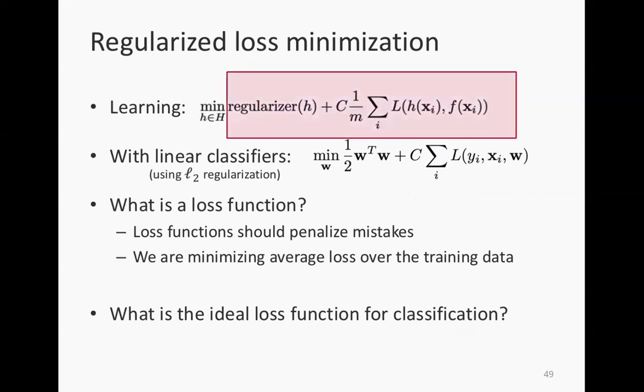For a linear classifier, a common kind of regularizer is the norm of the weight vector. Sometimes it's also called the L2 regularizer. So the optimization problem is to minimize the sum of this L2 regularizer plus the loss over the data set, and there's this term C that mediates these two things.